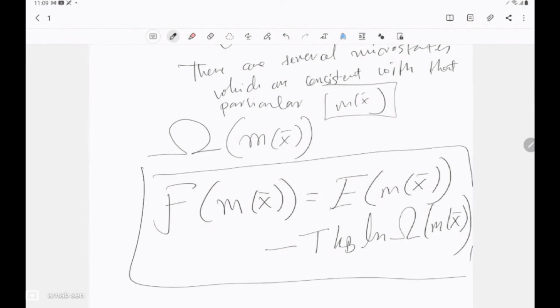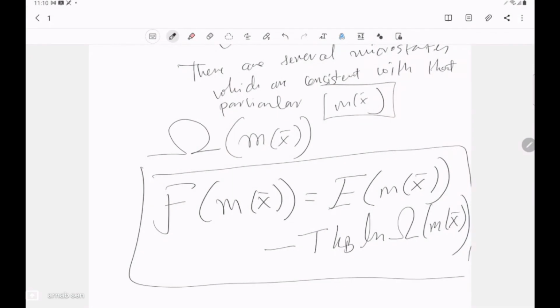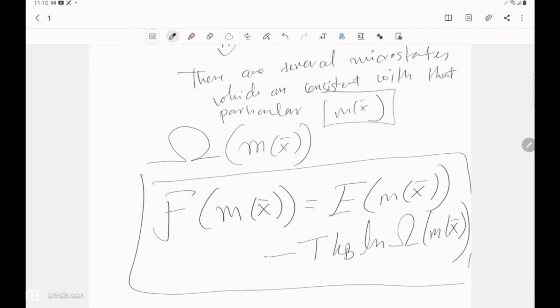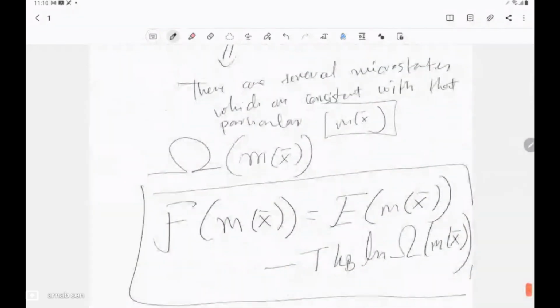So it's a very interesting object. It's almost like I'm giving you a particular coarse-grained field m of x, which is consistent with many microstates. I take all those microstates and construct an appropriate partial free energy from that.